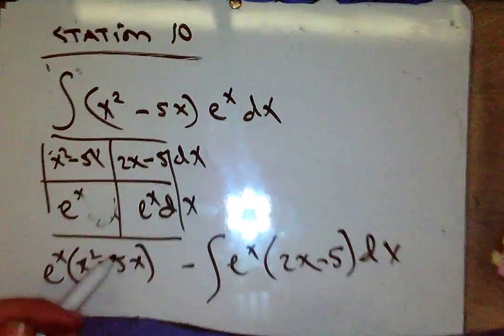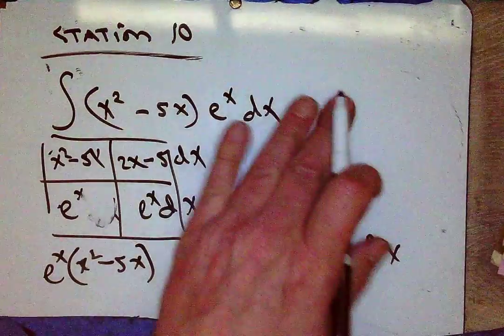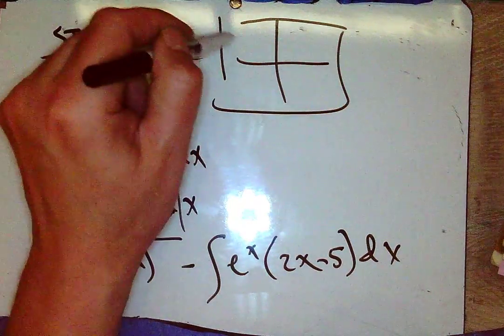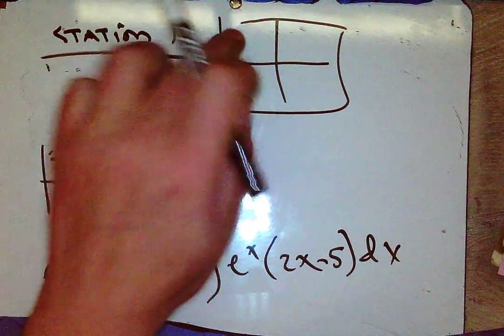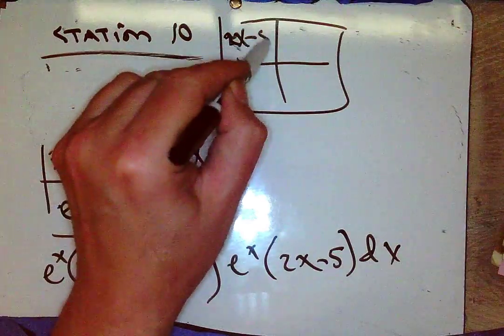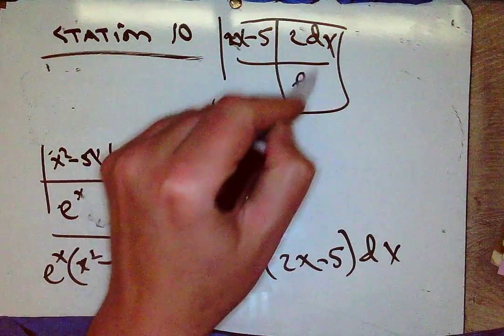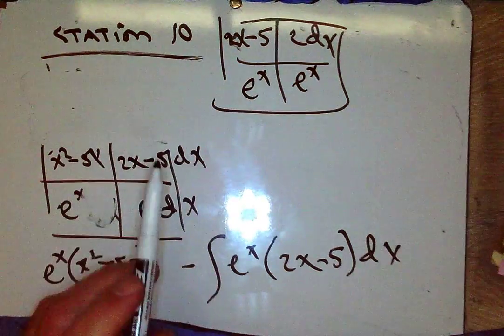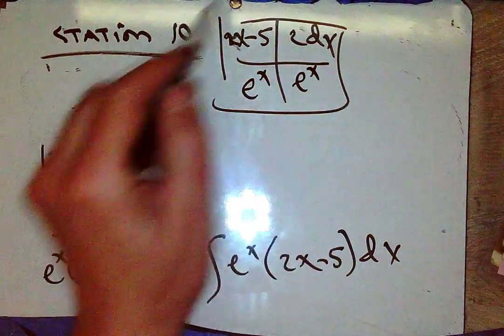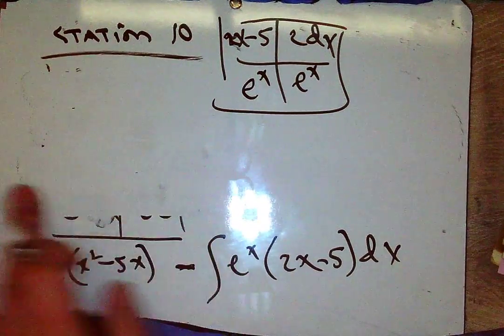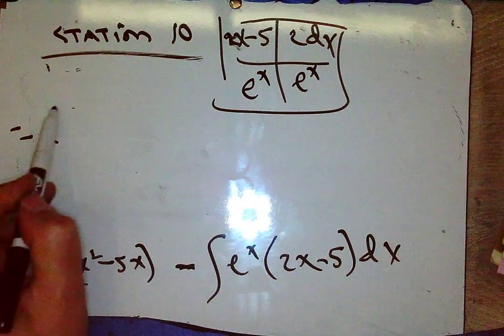Okay, what next? Well, hey look, same. Let's do it again. We have 2x minus 5. This is 2dx. This is e to the x and e to the x. Remember, all the stuff that we do from here is behind this minus sign. So, I'm going to put it there as a reminder.